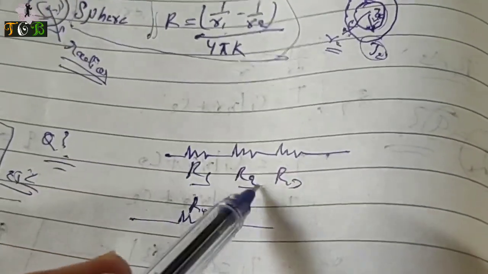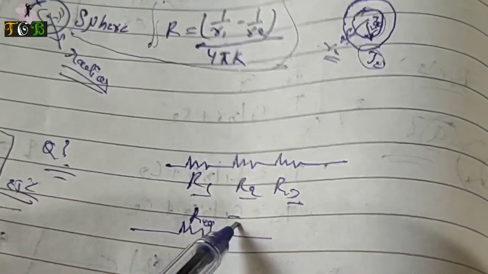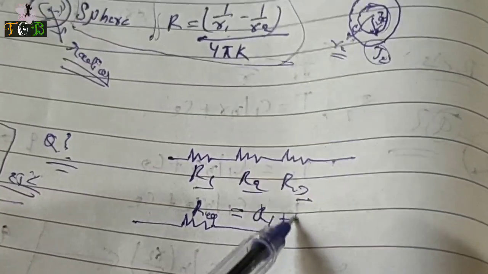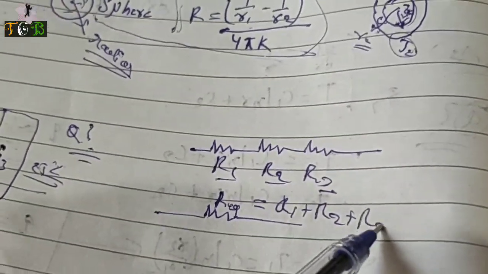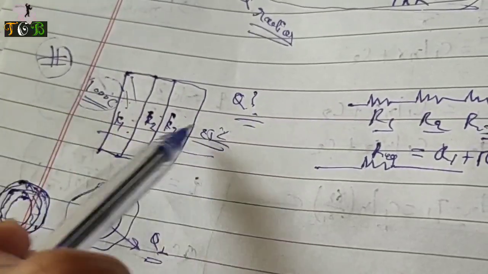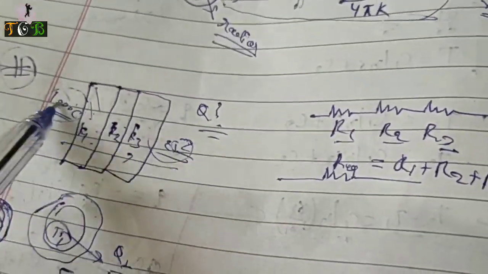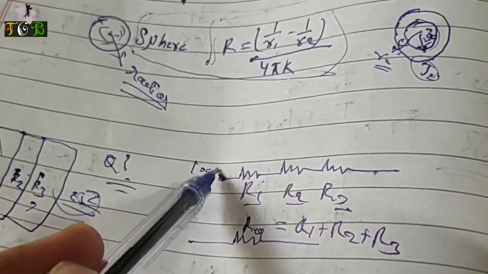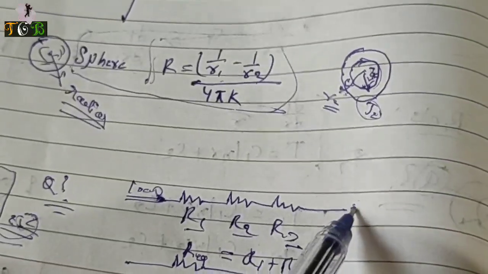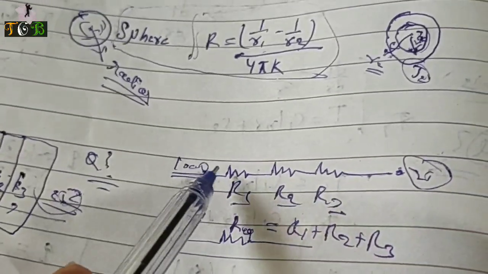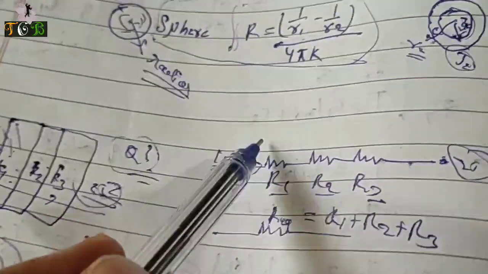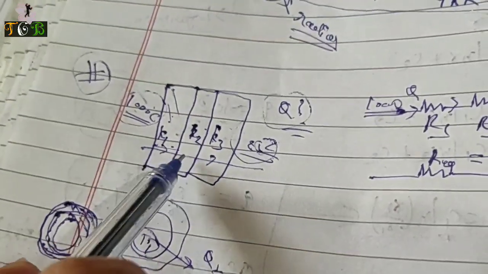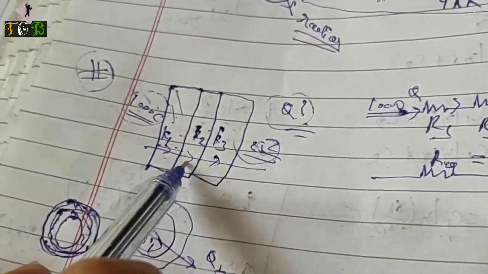With three resistance values, the equivalent resistance will be R1 plus R2 plus R3. Similarly we can do it here, because the temperature difference can be taken from here to here. So here is 1000 degrees Celsius, here we have 25 degrees Celsius, and the heat transfer rate will be the same, since it is steady state, through each wall.